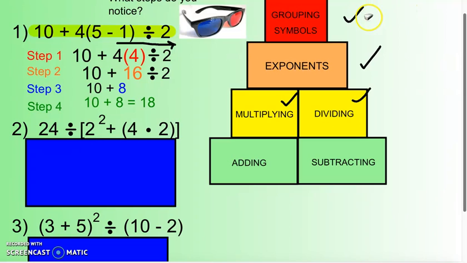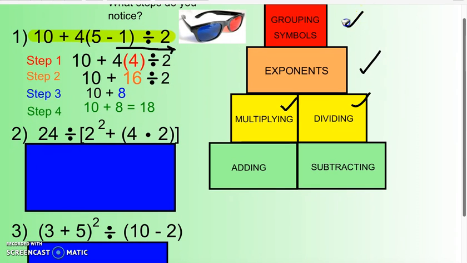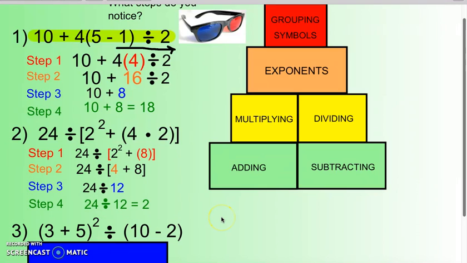Okay, how about the next one? I want to know, if this is my setup, I want to know, first of all, where did the 8 come from in step number 1? You are absolutely right.